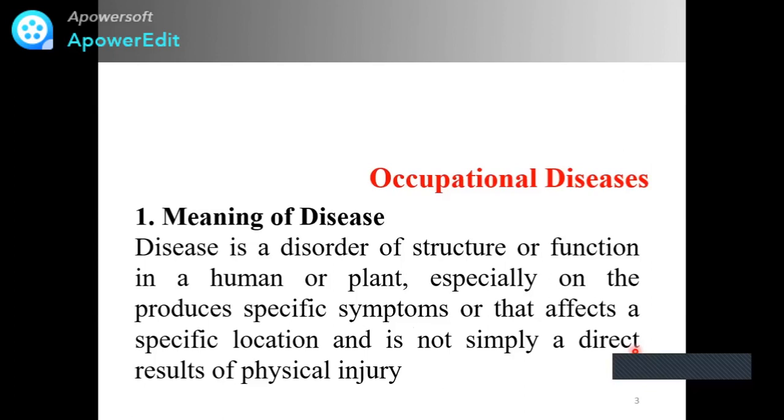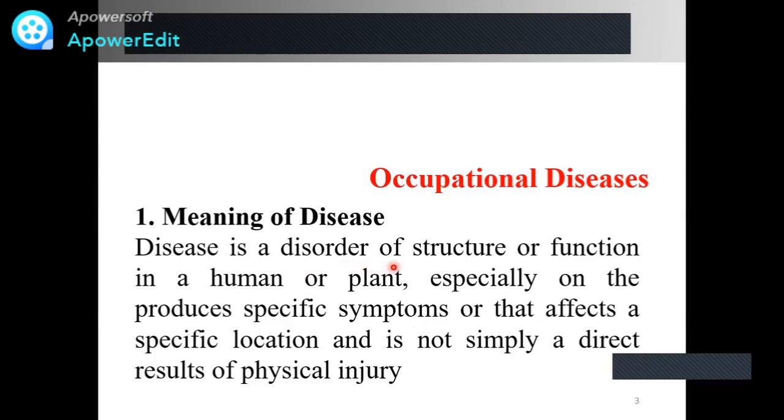Disease is a disorder of structure or function in a human or plant, especially one that produces specific symptoms or affects a specific location, and is not simply a direct result of physical injuries. Physical injuries mean accidents.